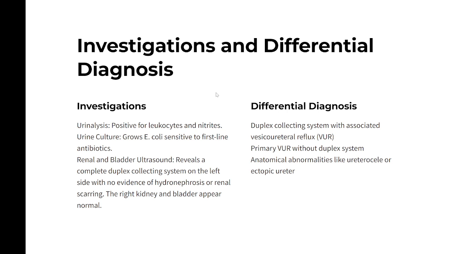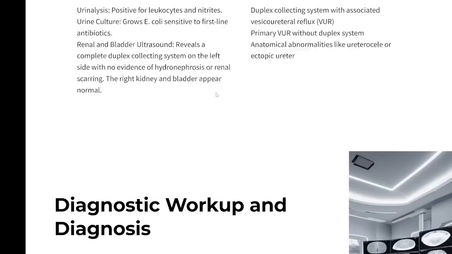Diagnostic workup: voiding cystourethrogram performed due to recurrent UTIs and ultrasound findings, revealing grade 2 VUR into the lower pole moiety of the duplex left kidney. DMSA renal scan to assess for renal scarring, showing no evidence of scarring or differential function loss. Diagnosis: duplex collecting system of the left kidney with associated grade 2 vesicoureteral reflux into the lower pole moiety.